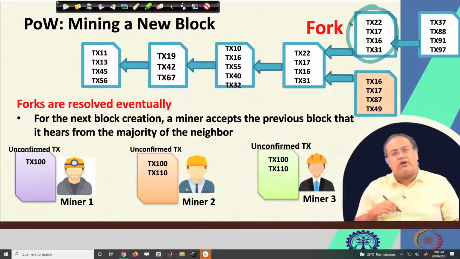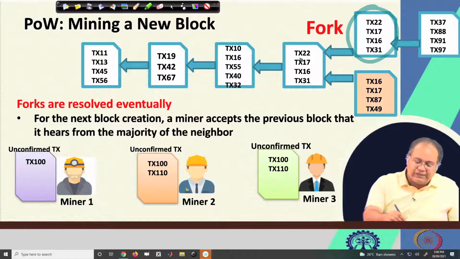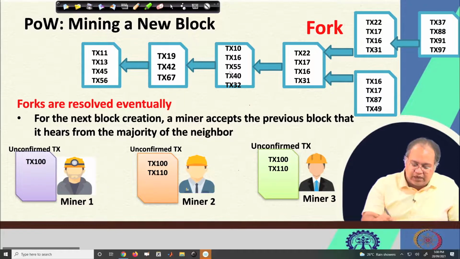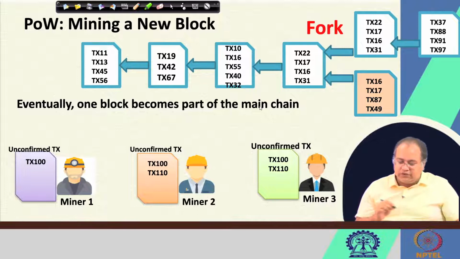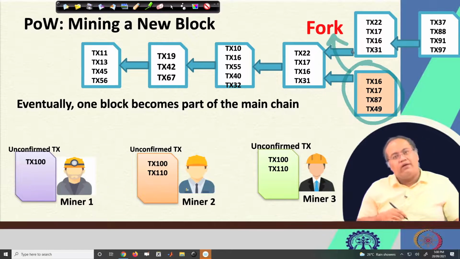Whenever the miner selects this block as the next block, the other block becomes the fork, because this particular chain becomes part of the main chain. With this eventual resolution of consensus information, one block becomes part of the main chain and the other blocks become a fork. So, here this particular block becomes the fork.